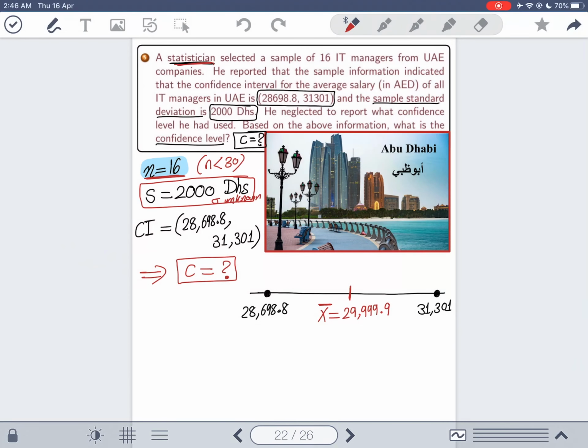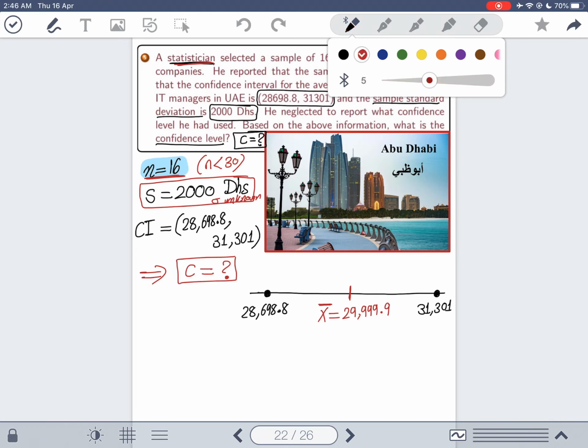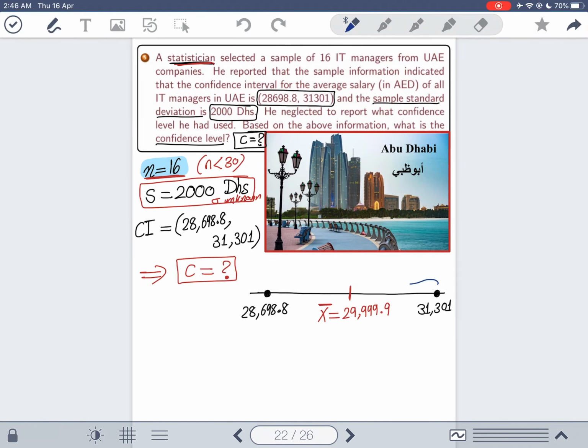Good. So now we have the sample mean. From the sample mean, remember, you can get the margin of error, E. You remember how to do it? Just take this number minus the sample mean. The distance between the two is the difference.